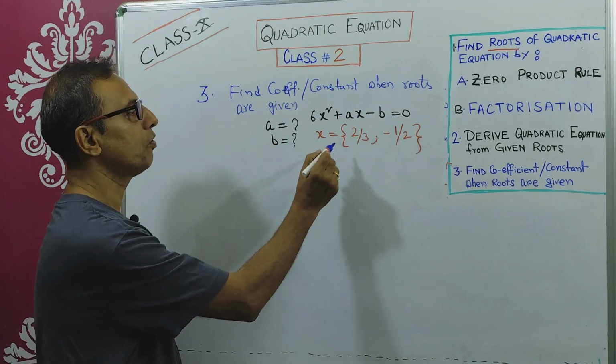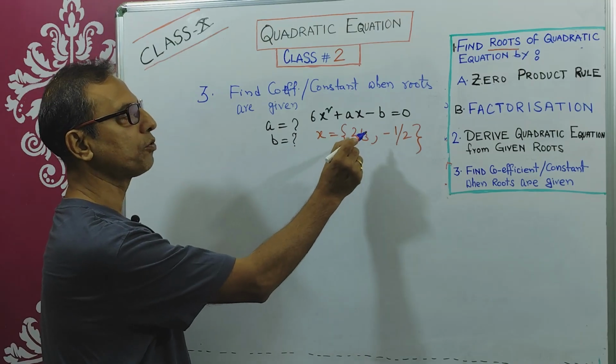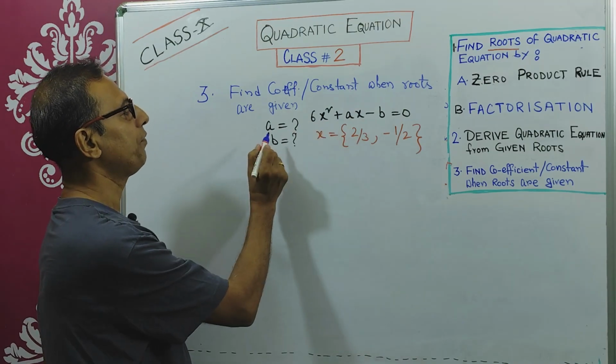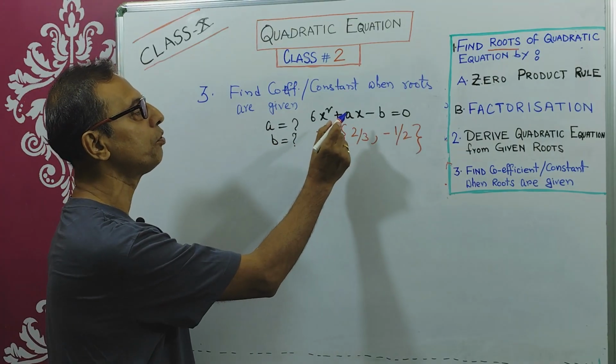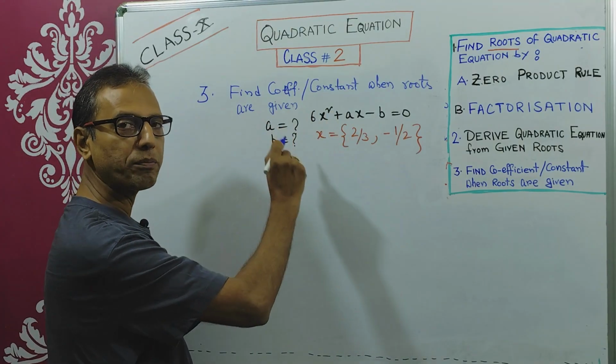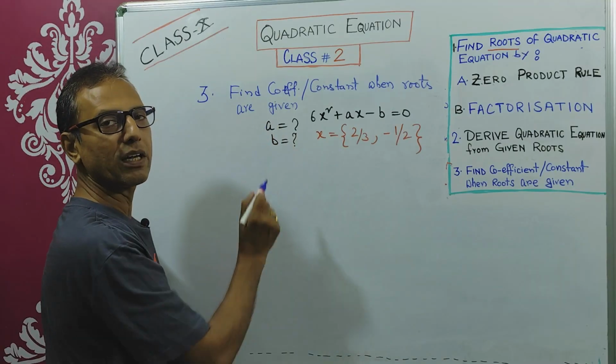So here also, given two roots, if you need to derive the values of a and b, two unknowns, you definitely need to derive two equations, and from there you can find out the values of a and b.